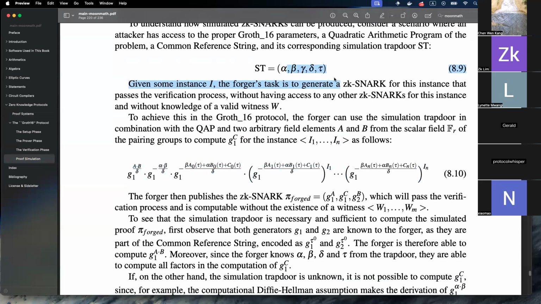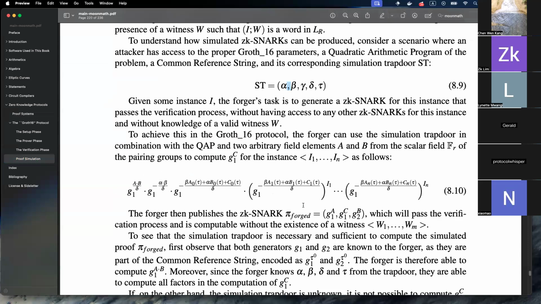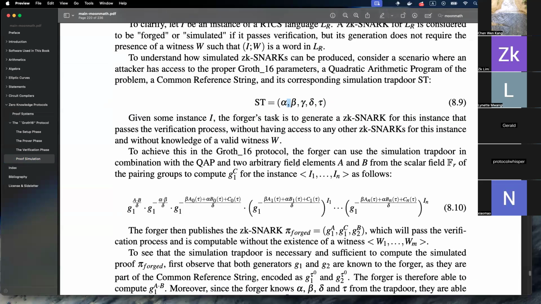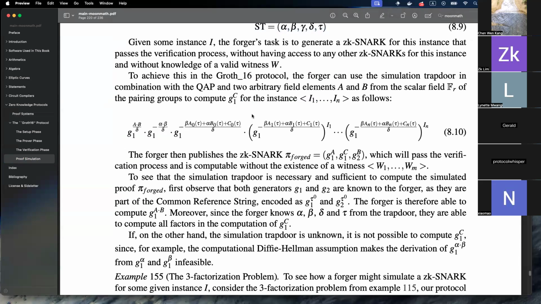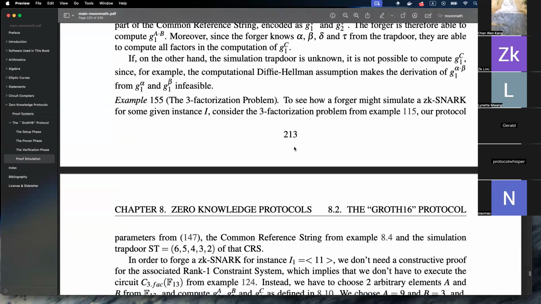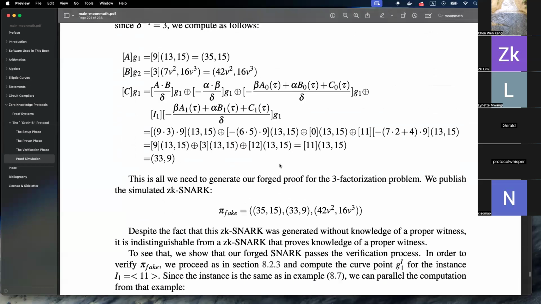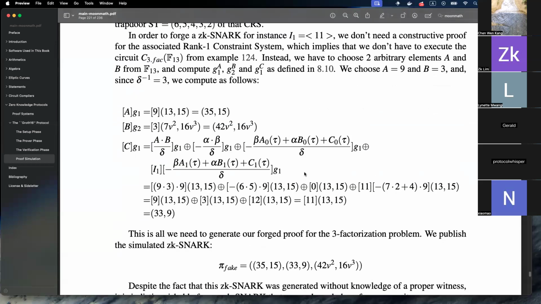Because you know what alpha, beta, gamma, delta, and tau are, you can select values in which you do not know the witness, to generate something that works for the verifier. So it's essentially just algebra in this case.